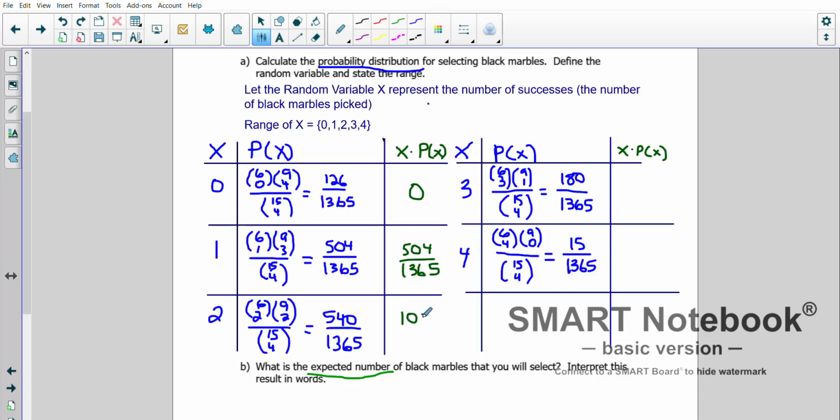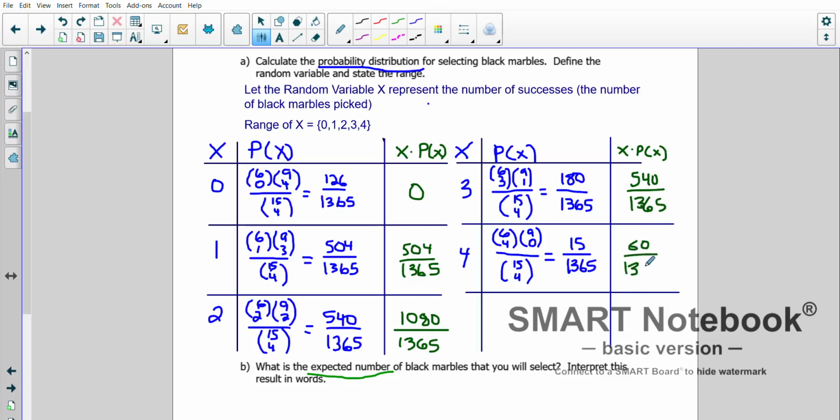It's 1080 over 1365. 3 times 180 is 540. And finally, 4 times 15 is 60 over 1365.